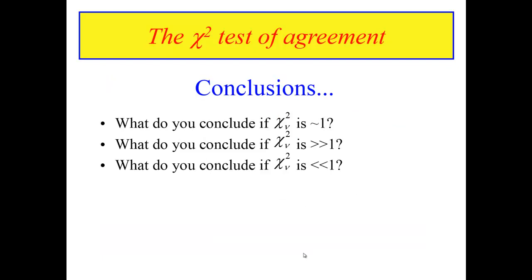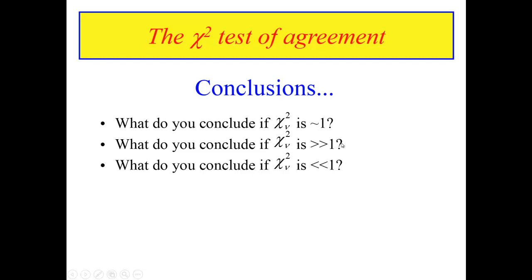And so, again, what this all comes back to is when we have a particular data set and we perform, in this case, a fit to a straight line, what do we conclude if the reduced chi-square is about equal to 1? And then the limiting cases where that value might be much greater than 1 or much less than 1.